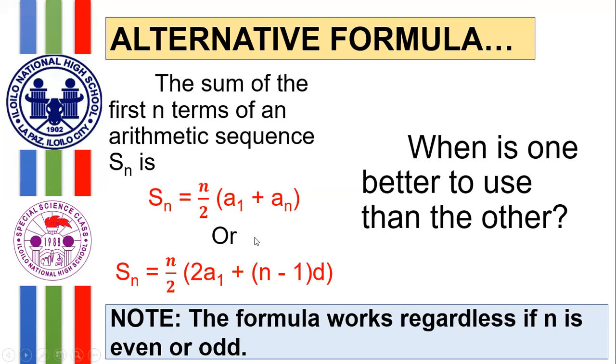However, I suggest that you use the other, longer version of the formula if the common difference is given. Take note. First one, if the last term is given. The second one, if the common difference is given.